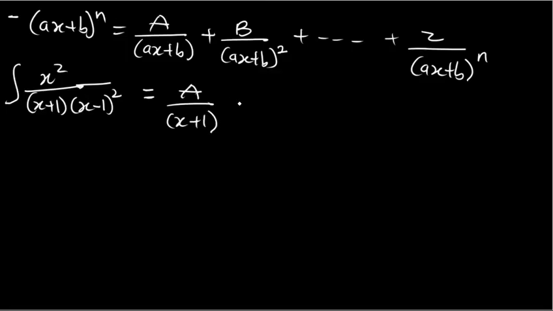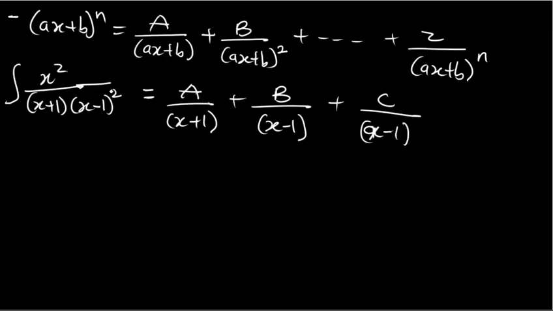We come to the second linear factor, but here to the power 2. So b is now going to take the first part, which is x minus 1 raised to the power 1, plus c, which is going to take x minus 1 raised to the power 2 in this form. Are we good?